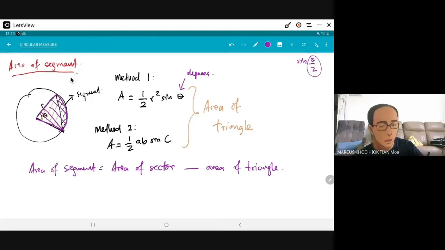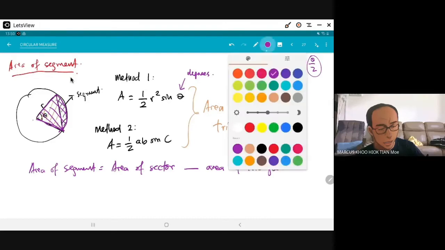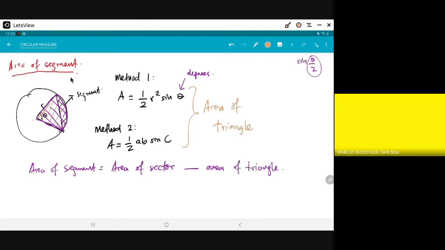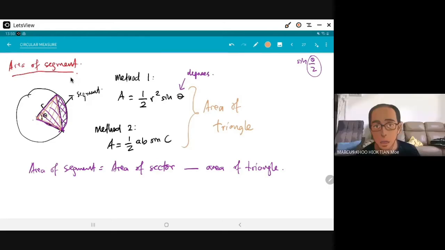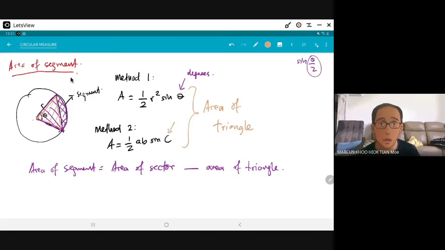Then you get the area of the segment. There are two methods which are basically the same, to count the area of this triangle, which is to use 1 over 2 r squared sine theta or 1 over 2 AB sine C. But what is important is that the angle must be in degrees.